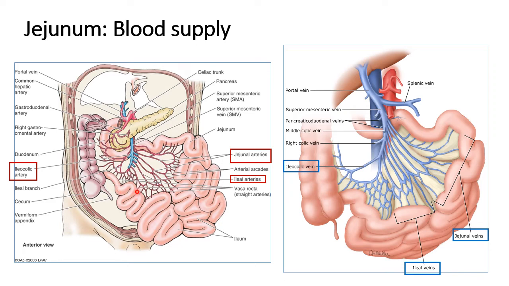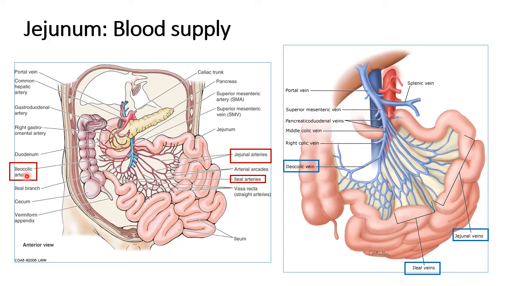Towards the end of the ileum, there is an artery that supplies both the end of the ileum and the beginning of the colon, and this artery is called the ileocolic artery. So jejunal and ileal arteries supply only the jejunum or the ileum, but the ileocolic artery supplies the end of the ileum and the beginning of the colon.